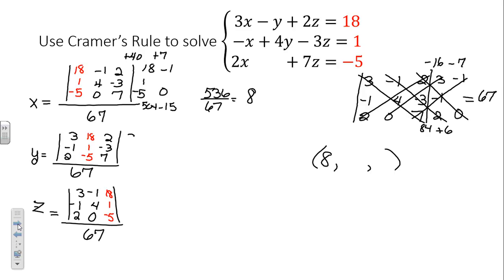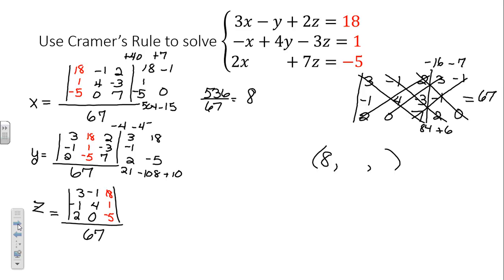Rewrite your first two columns. Downward diagonal 21. Downward diagonal 8 times a negative 18 times a negative 6. And 2 times negative 1 times 5. Negative 5 is going to get us a positive 10. Upward diagonal, 2 times 1 times 2 is 4. Change the sign. Negative 5 times negative 3 gives me a positive 15, times 3 is 45.